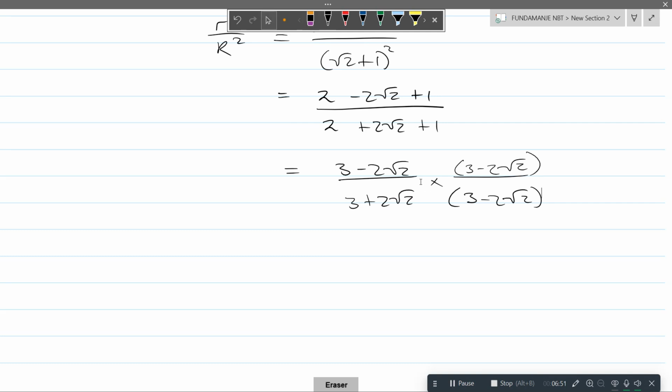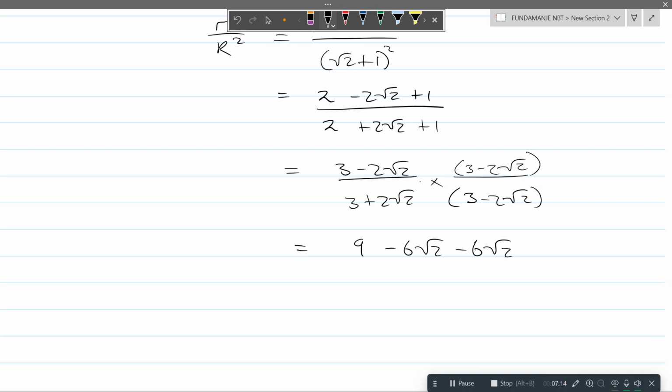Okay, then continuing off this, we multiply the bottom part, or let's start with the top part first. 3 times 3, that's going to give us 9. 3 times minus 2 root 2, that's going to be minus 6 root 2. And then minus 2 root 2 times 3, that's also going to be minus 6 root 2.